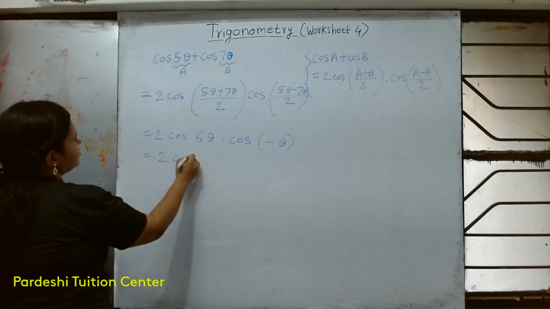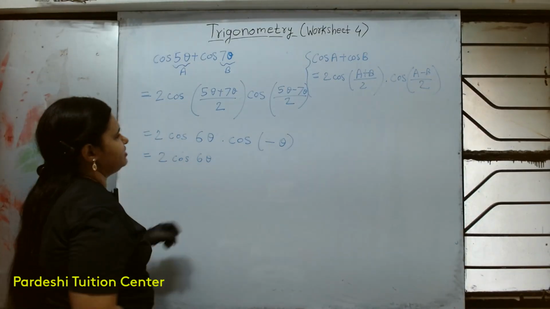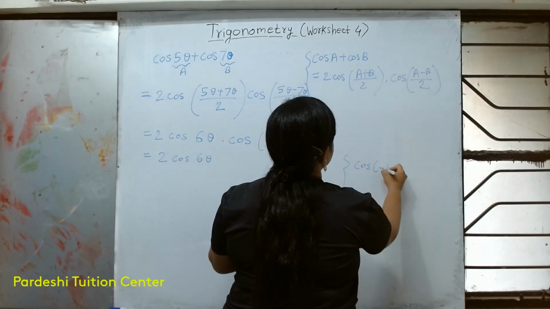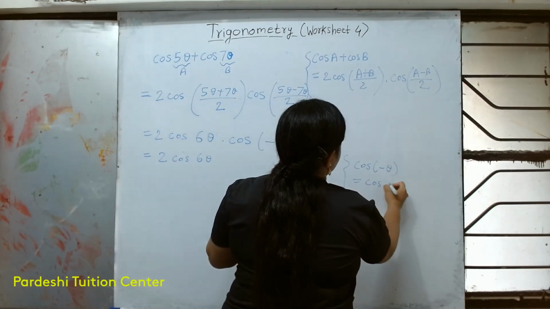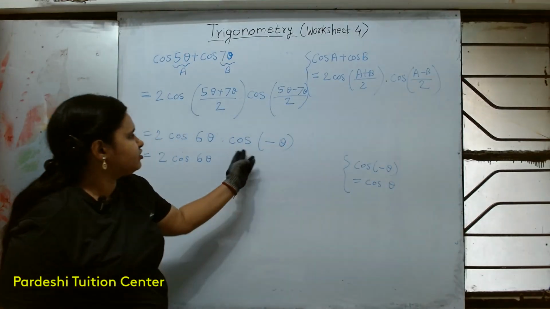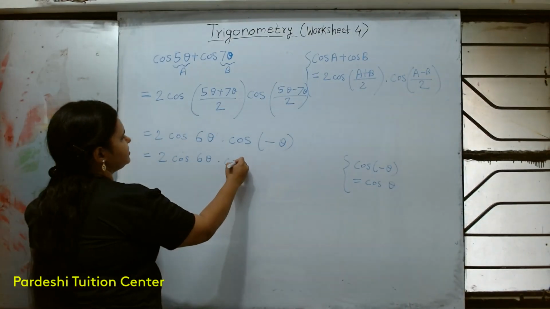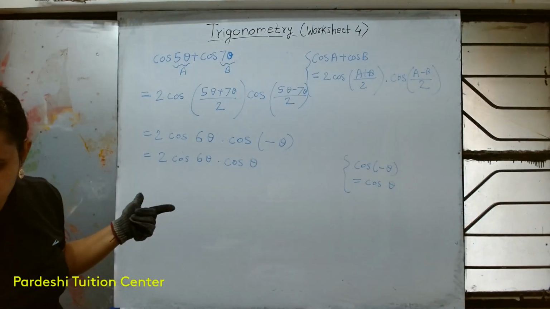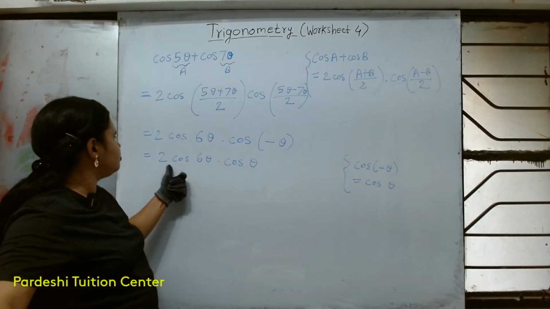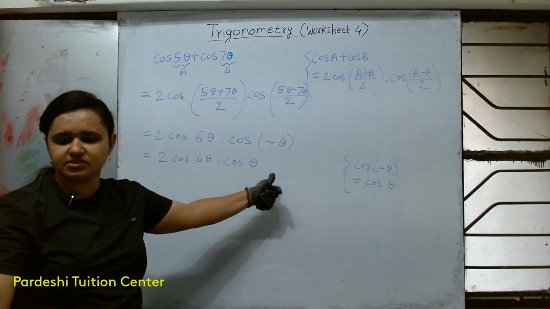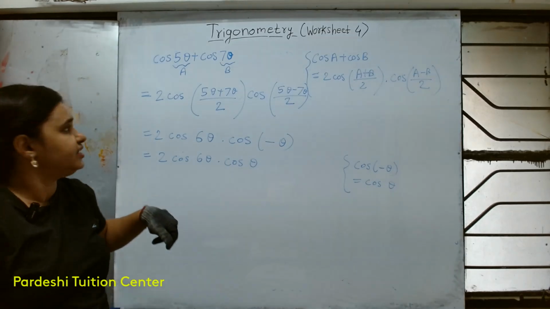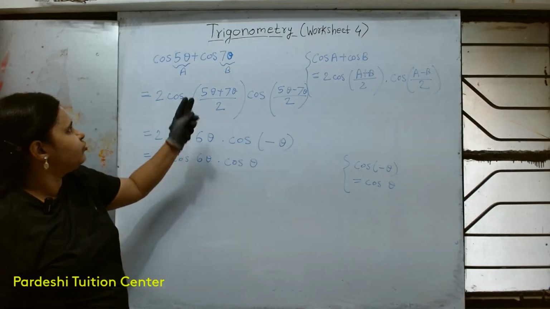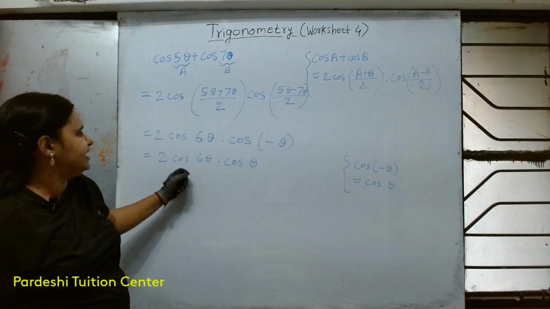So 2 cos of 6 theta, again cos of minus theta, in the earlier example we had taken cos of minus theta is cos theta, so we can write cos of minus theta as cos theta, and this is our answer. Yeah, fourth option, that is 2 cos 6 theta into cos theta, fourth option. Okay, we have just applied again the formula for cos A plus cos B, put in the values of A and B and solved. Okay.